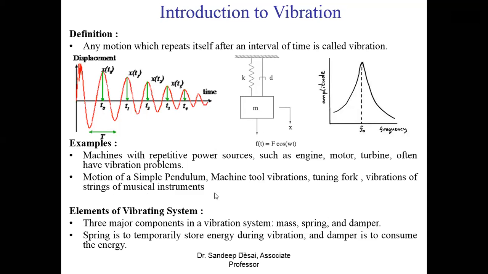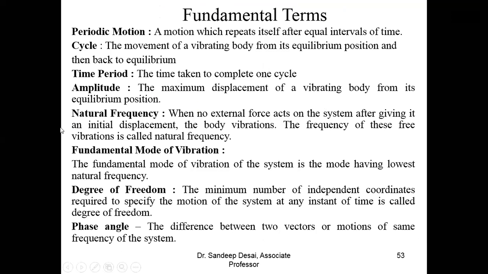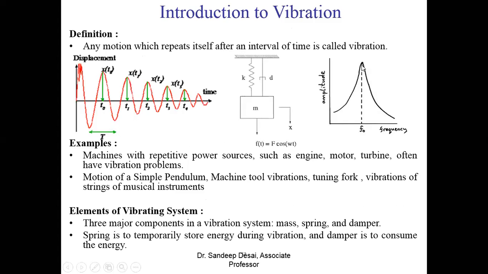So these are basic elements of vibrations: periodic motion, cycle, time period, amplitude. Now what is amplitude of vibration? Maximum displacement of vibrating body from its equilibrium position. I have made a number of things very clear here. This is the amplitude of vibration, from equilibrium point to maximum displacement.